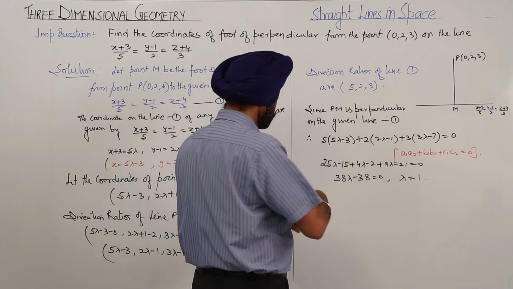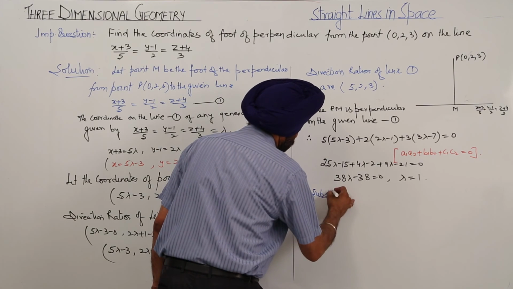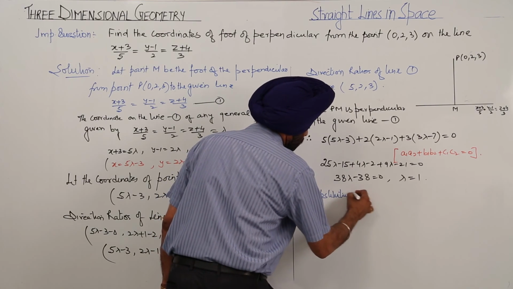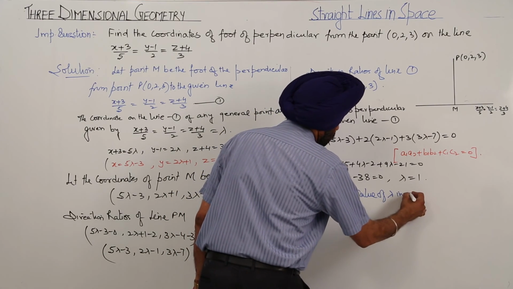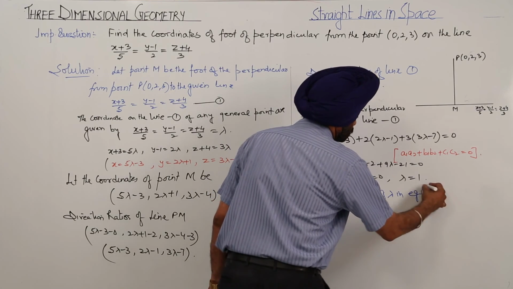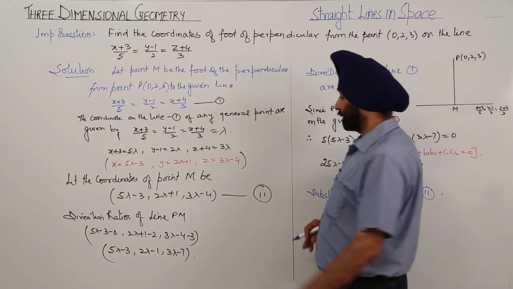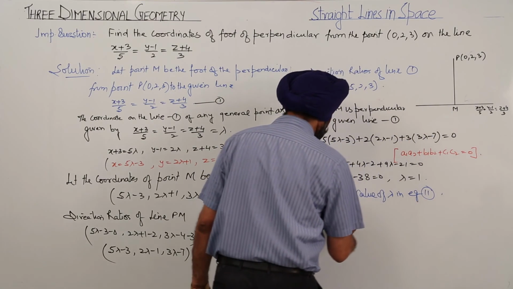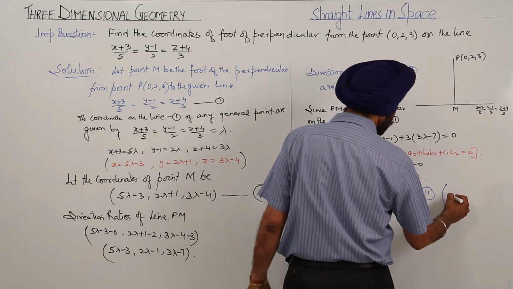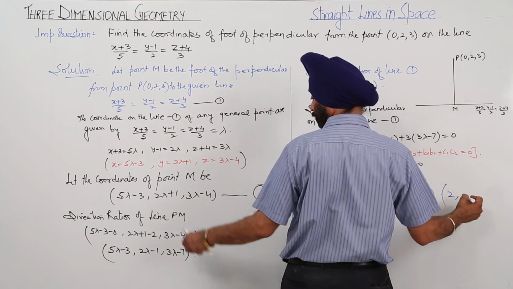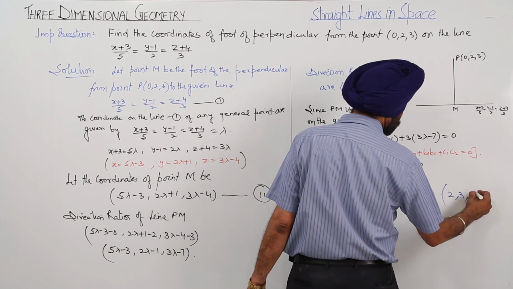Now substituting the value of lambda in equation 2, we get 5 − 3 = 2, 2 + 1 = 3 and 3 − 4 = −1.